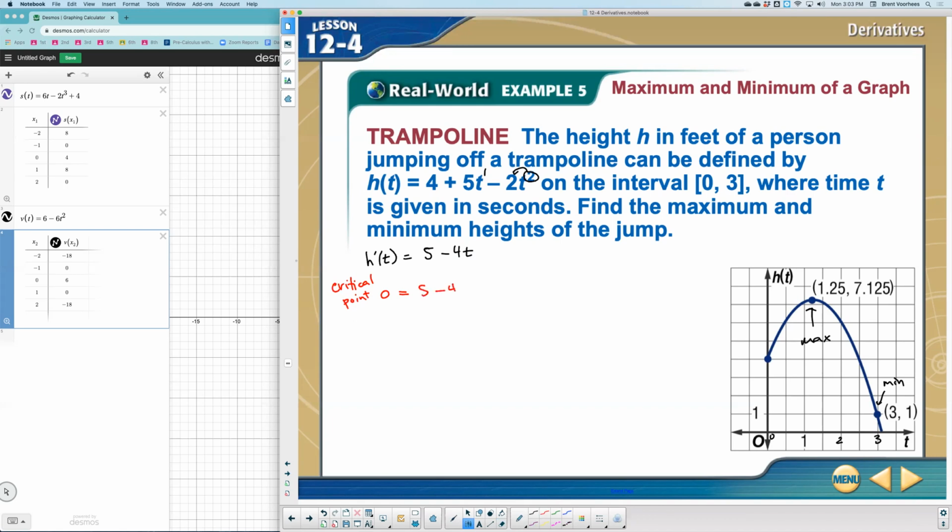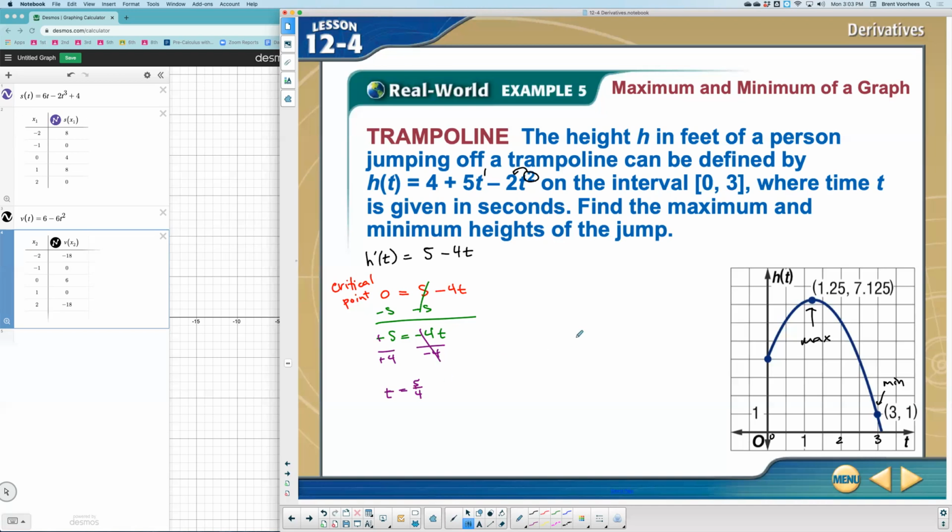When I solve this, I subtract 5, and I have negative 5 equals negative 4t. When I divide by negative 4, the negatives simplify with one another, and t equals 5/4. That is a critical point, 5/4.